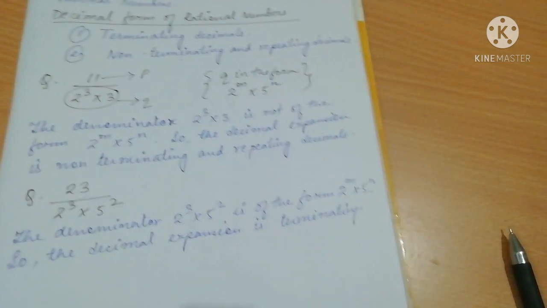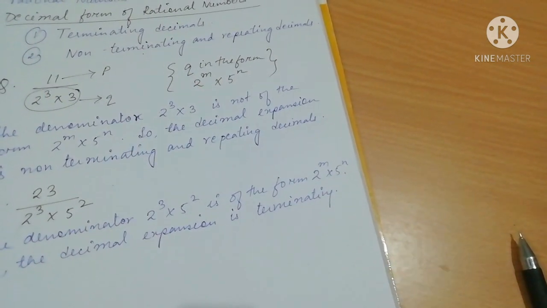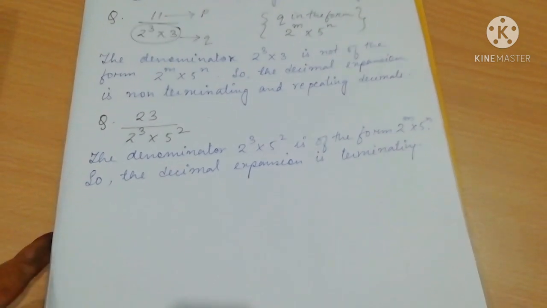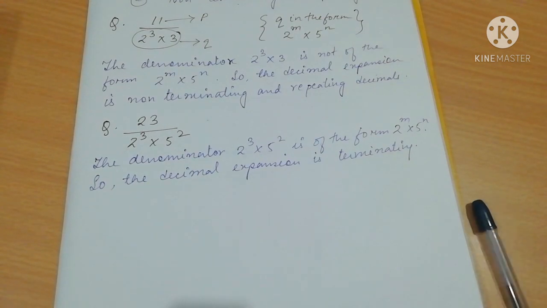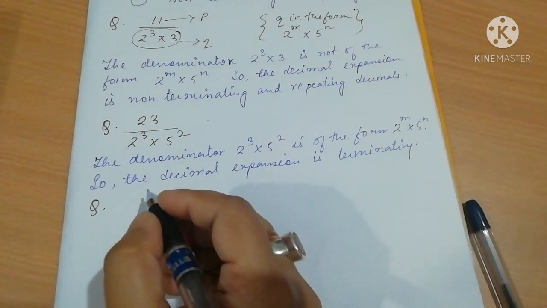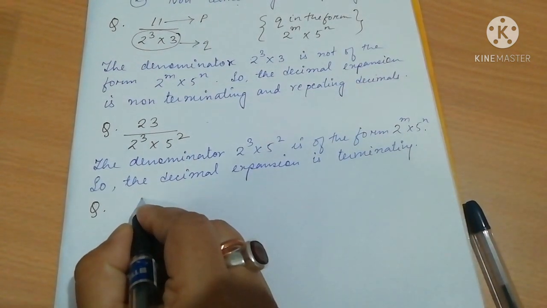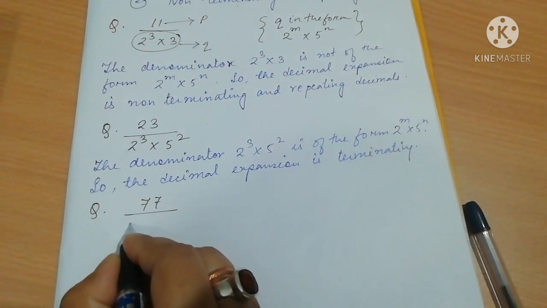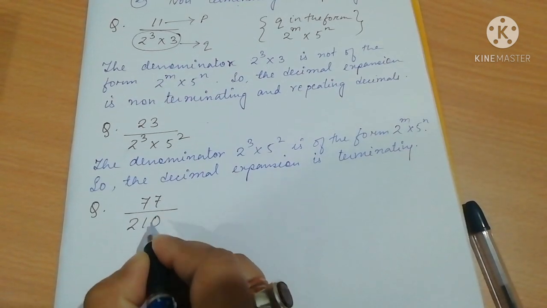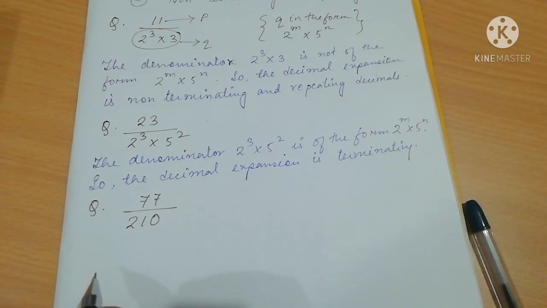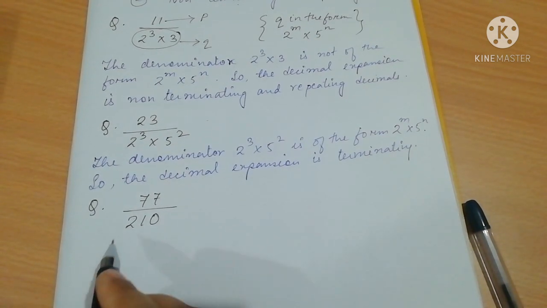Just take one more example: 77 by 210. At first we will make this rational number in standard form.